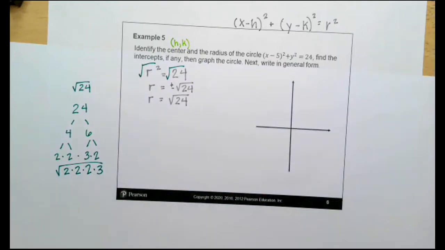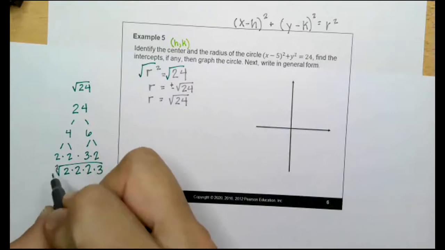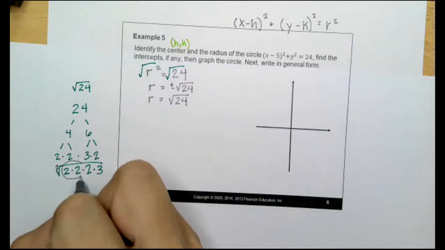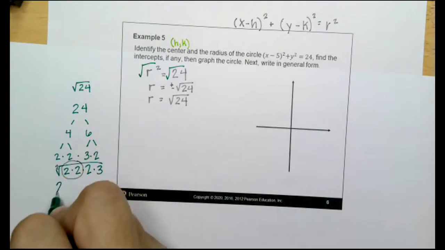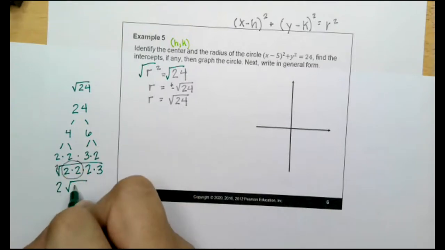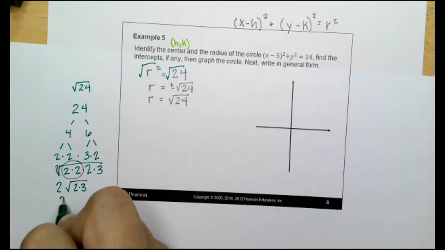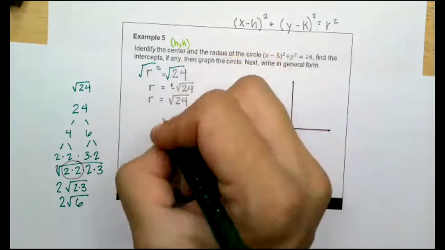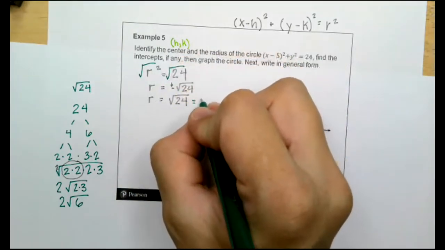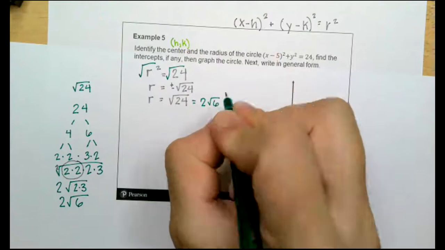Anything that has a pair, we can pull out. So we can say that is 2 square root of 2 times 3, which becomes 6. So the simplest we can get r is 2 square root 6.